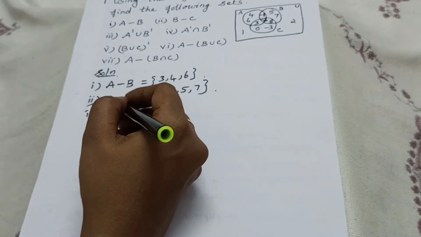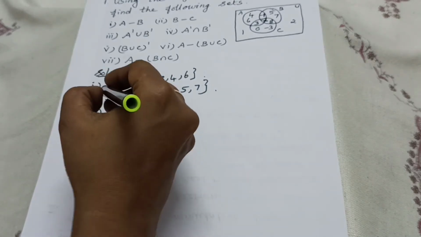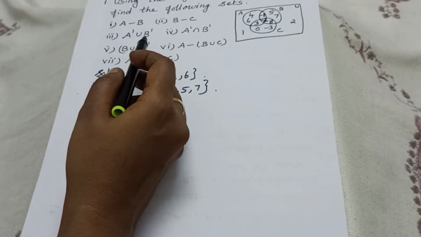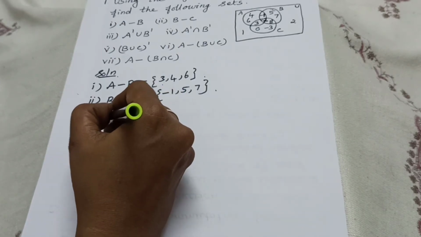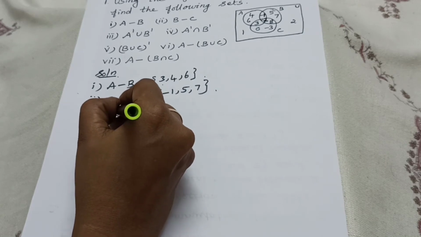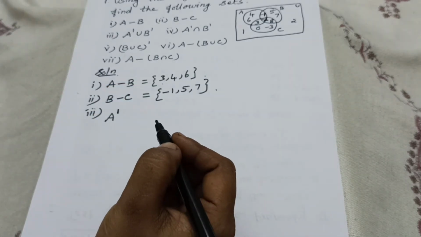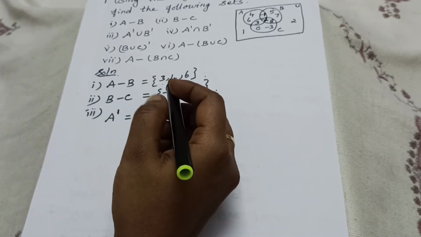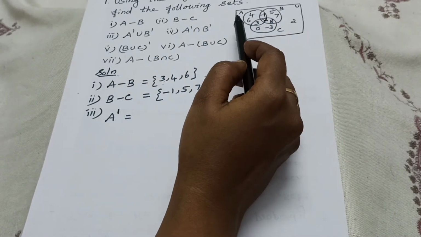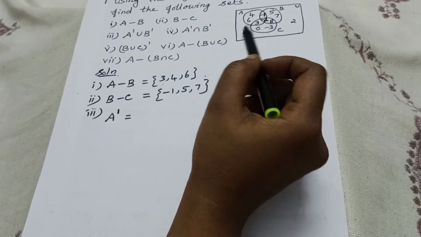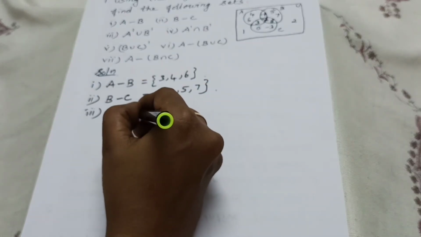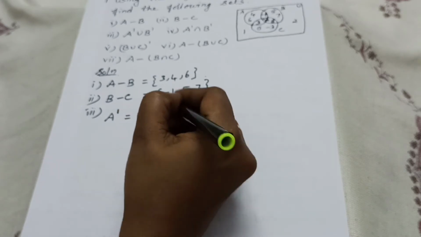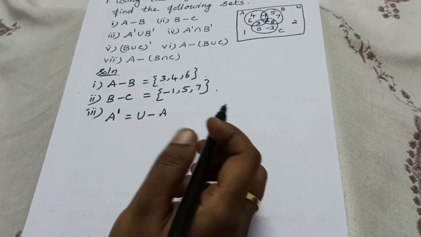Then third one, A dash union B dash. Directly we cannot find it here. So first we have to find A dash. Dash means complement, isn't it? Complement means the universal set minus A. U minus A is the formula.